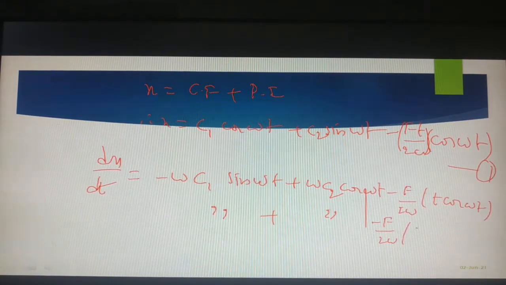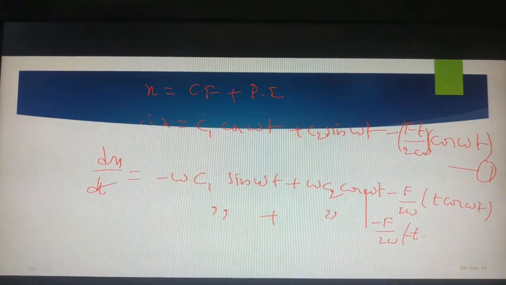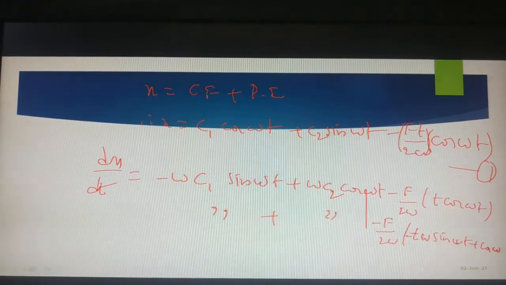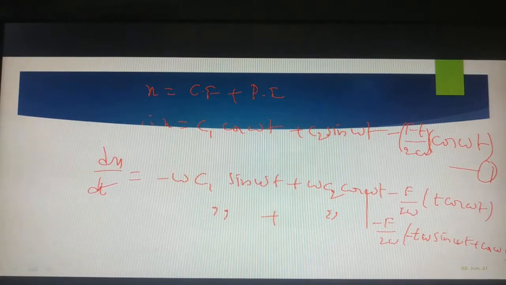Now here, first I will take t as constant, and the differentiation for cos omega t is minus w into sin omega t. Then cos omega t is constant, and the derivative of t is 1. So this is your dx by dt.